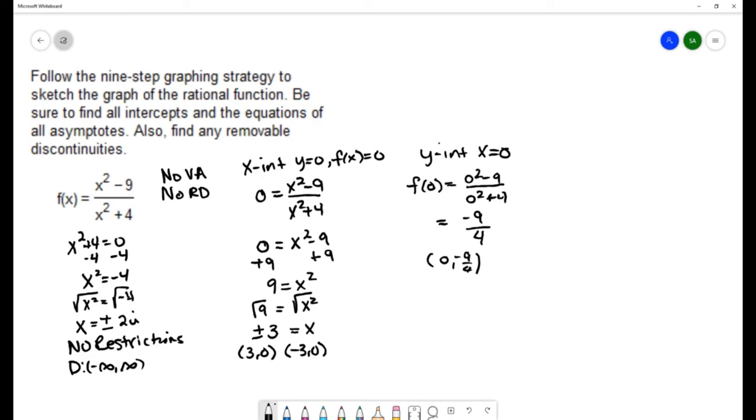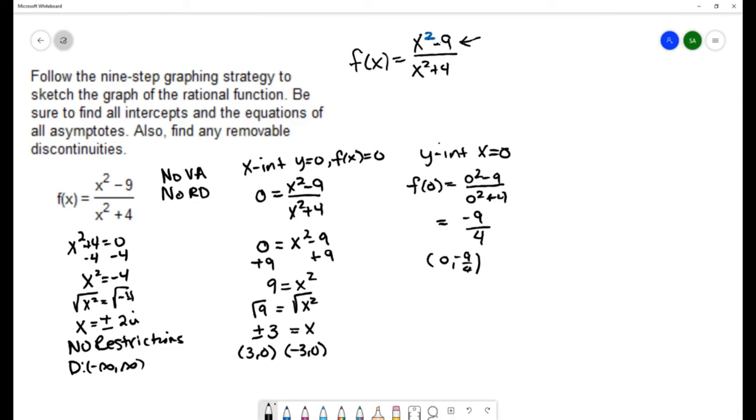Then we want to look for horizontal asymptotes. So let's rewrite our function up here. f of x equals x squared minus 9 over x squared plus 4. When we're looking for horizontal asymptotes, we need to know the degree of the numerator, which is the highest power on x.